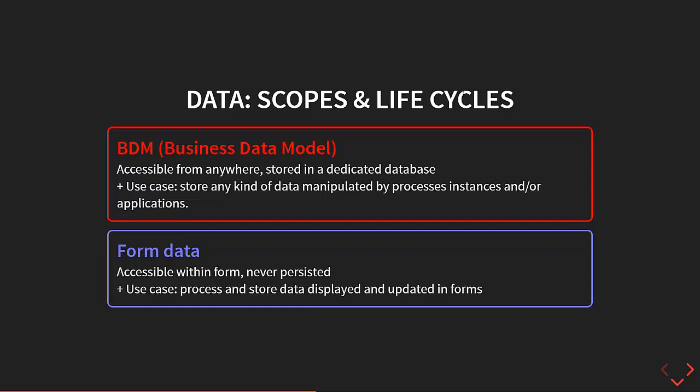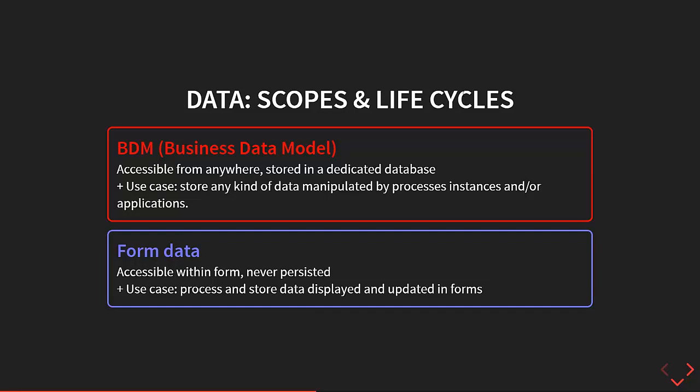This is a separate database from the actual Bonita engine database, because the Bonita engine also has a database to store information about the process execution, like which step is currently pending, when the task was available, when the task was done, and so on. But we have a separate database to store all the data related to our business data model. And these data are available through the API of the engine, and you can also access them, update them, and create them in the process execution.